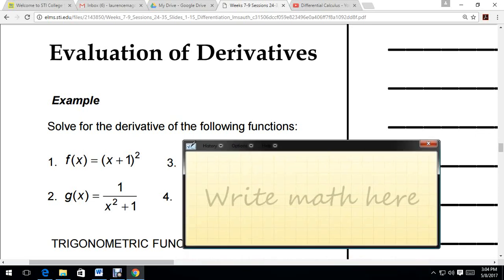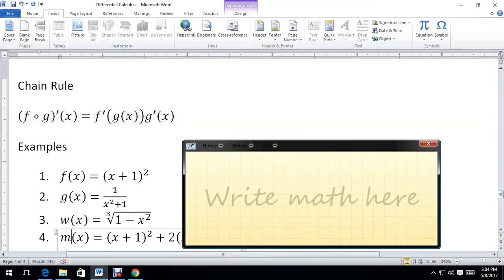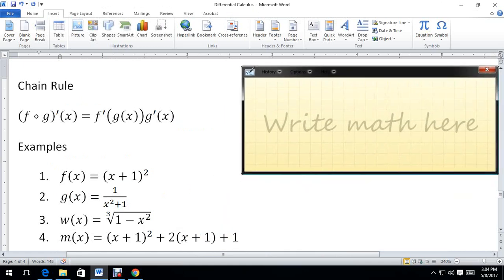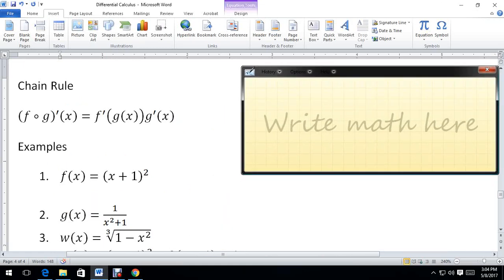Let's have the first number. We have f of x is equal to (x+1) raised to 2. So in the definition of the chain rule, f of x here represents f of g of x.